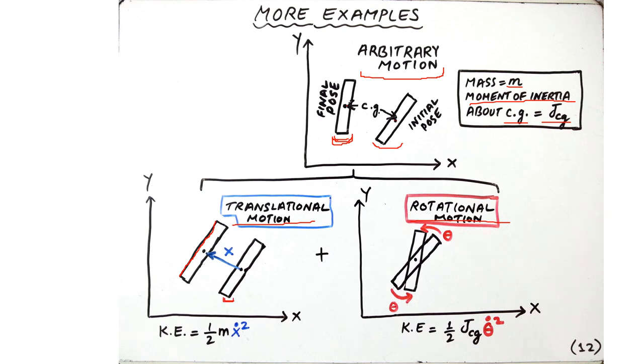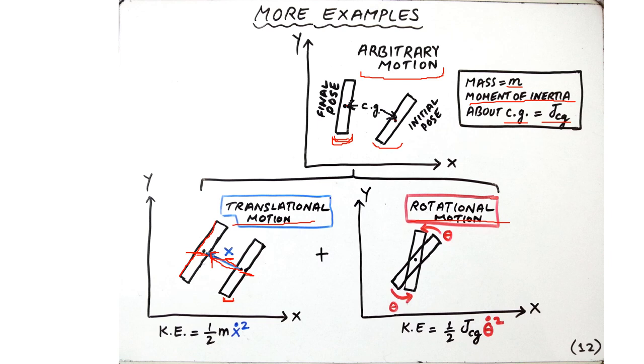There is a translational motion, therefore a linear displacement specified by some linear displacement variable such as x, and that shifts the bar, or the center of gravity, from one position to the final position over here. Remember, in translational motion, there is no change in the orientation of the bar.